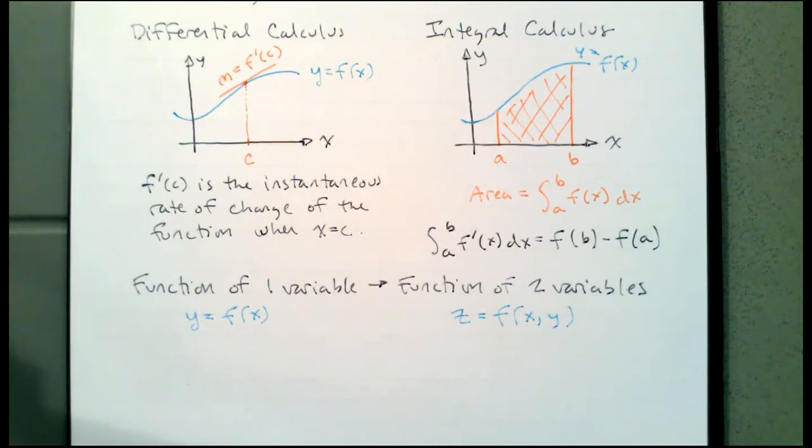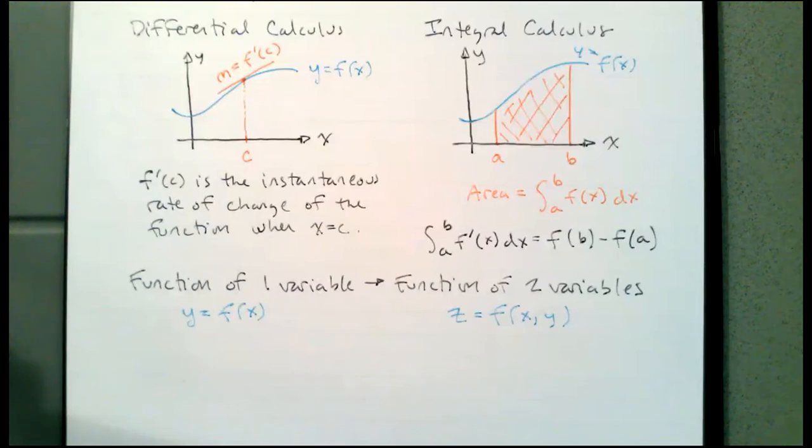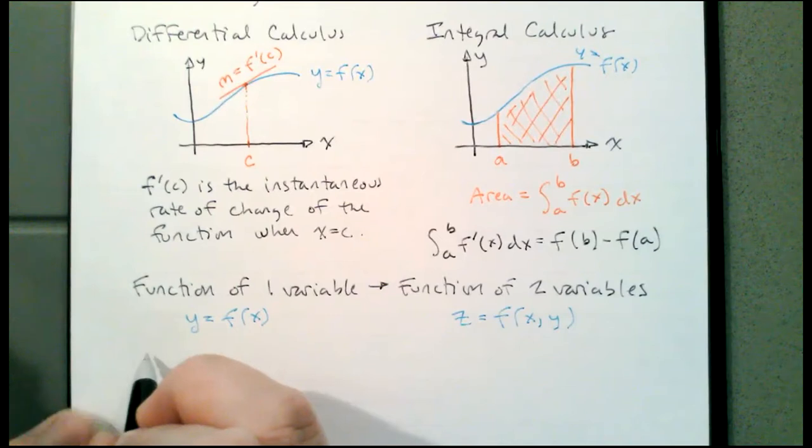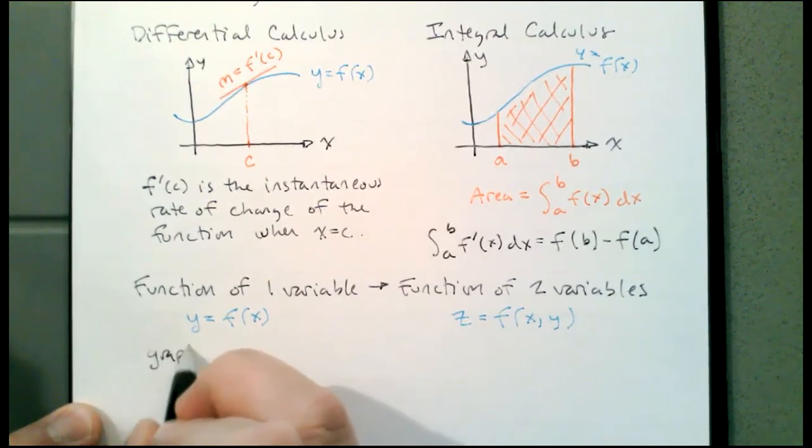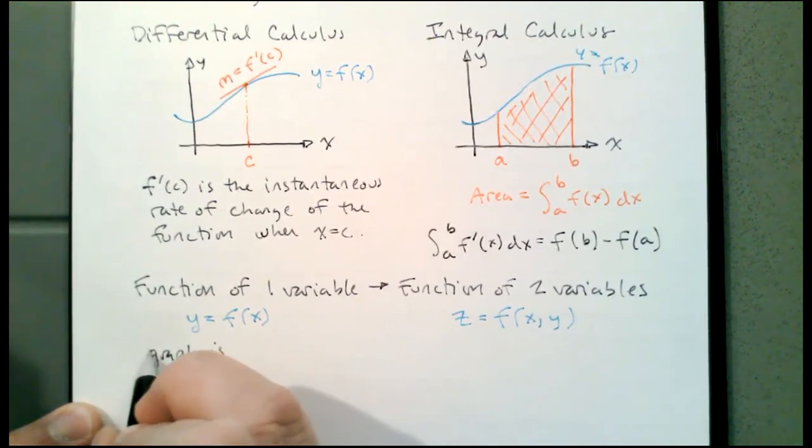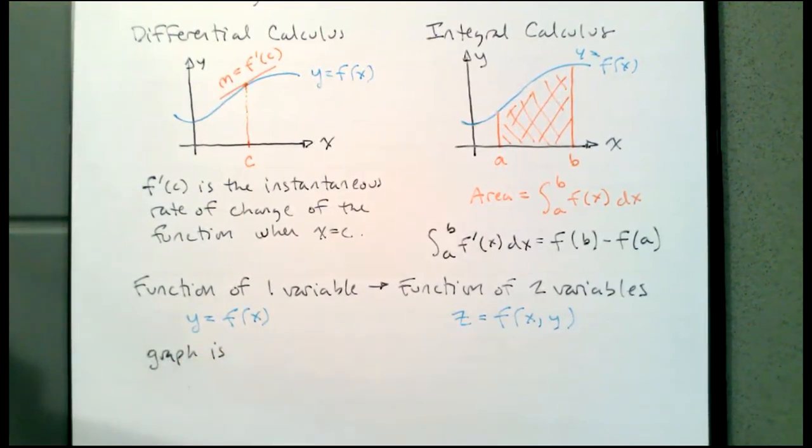So in a function of one variable, we have an x and a y, and we know what the graph should look like.